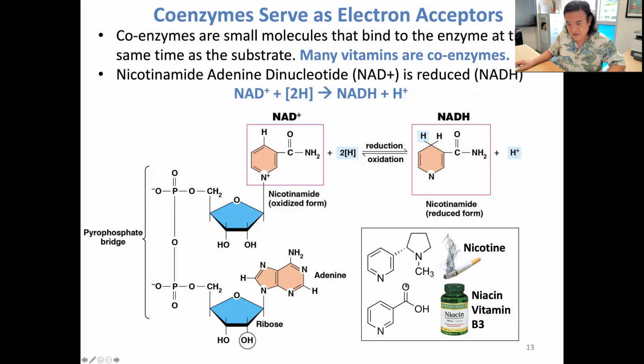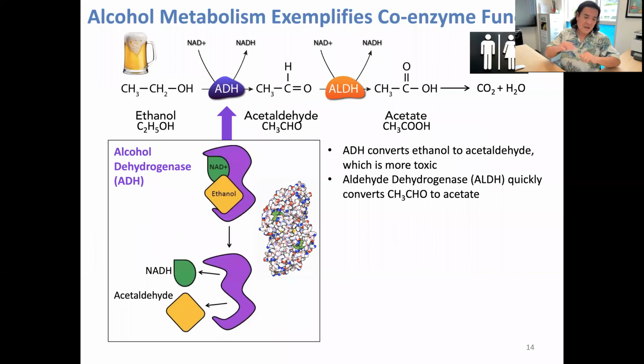So here's the structure of vitamin B3. That would be the part that would be up here on some electron acceptor molecule. In other words, vitamin B3 is important because in certain enzyme pathways, certain enzymes would need this as the electron acceptor.